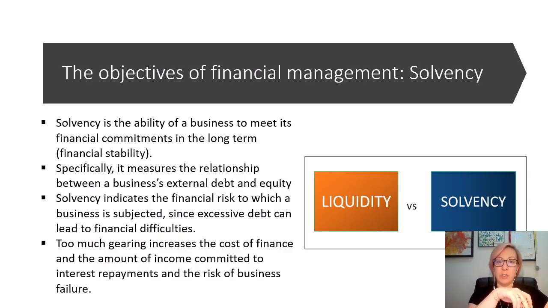So the last objective we're looking at is solvency, and solvency is basically the ability of a business to meet its financial commitments. So this is where we're looking at how much debt to equity the business has within their establishment. And if we look at this last point, too much gearing increases the cost of finance and the amount of income committed to interest payments.